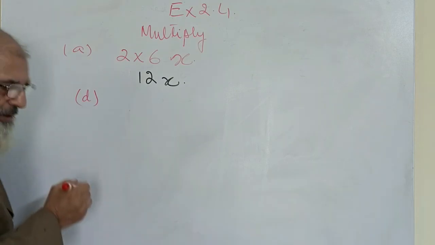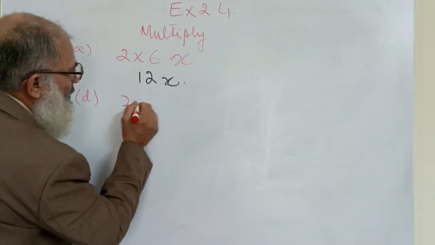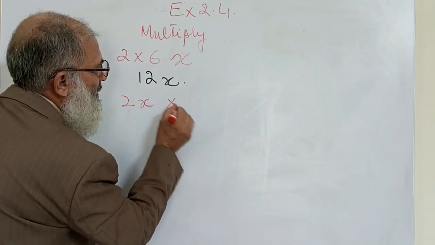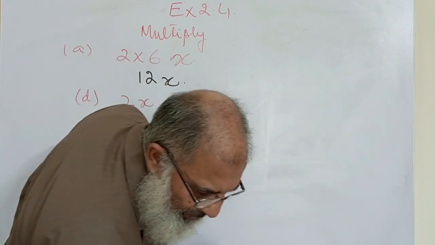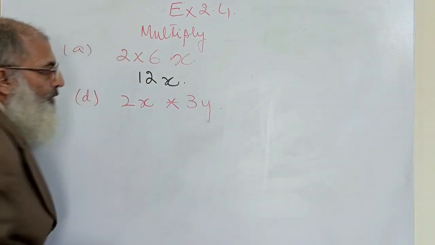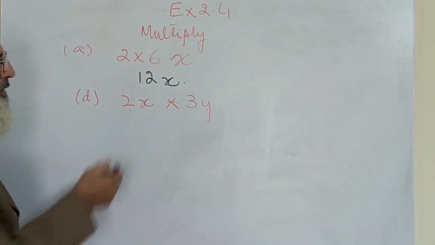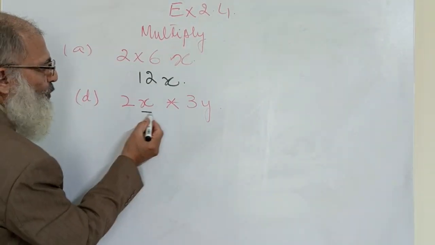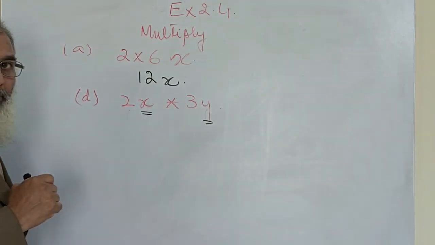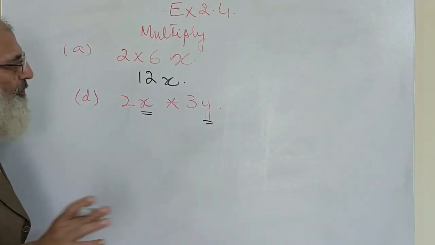Now I am going towards part D, and that is 2x multiplied by 3y. Now dear students, you see that what we have got is two separate variables. Nothing to be afraid of.